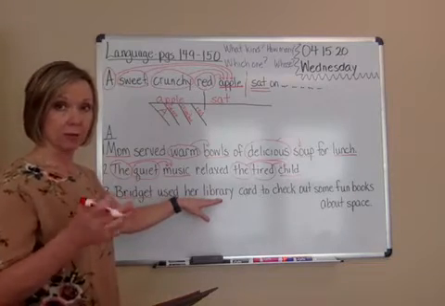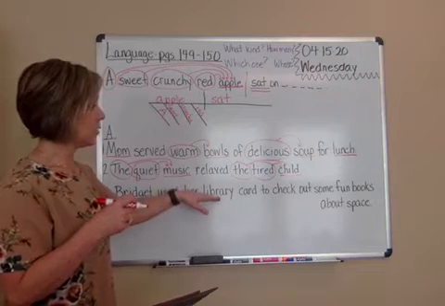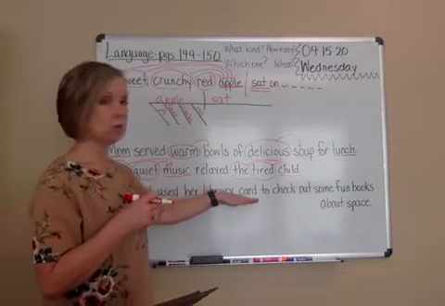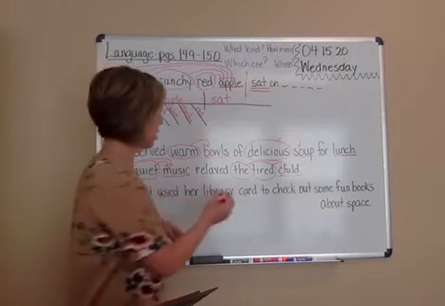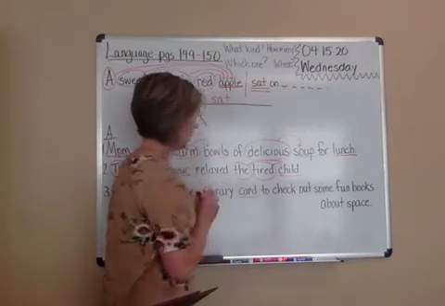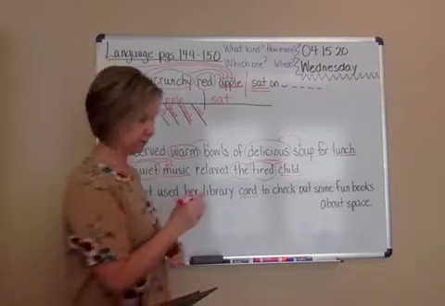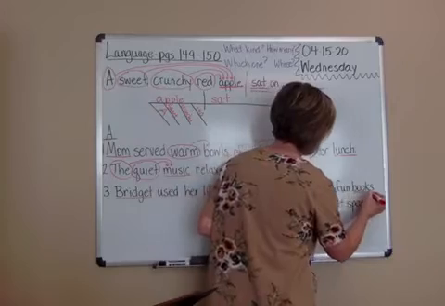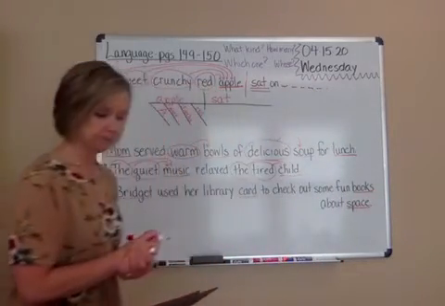Now you think of the library being like I'm in a library right now at church. But right now, library is describing what? Card. So right here, only underline card. To check out some fun books, books being a noun, about space, and space being a noun.